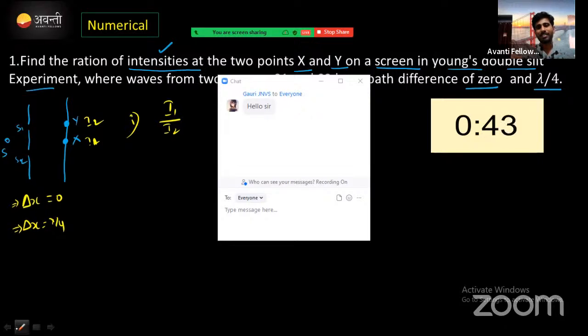Time is moving very slowly. Means it is counting 1 second in 2 seconds. In my watch it is 2 seconds, and here it is only 1 second. I don't know why it is lagging.